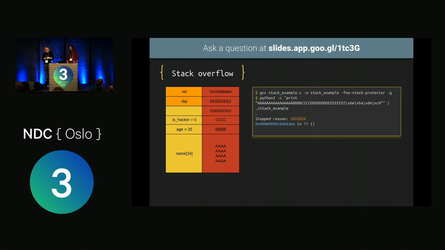So let's take a look at this illustration, in which I've written a sort of exploit. For every variable, I've decided to use A, B, C, D. And I write 16 A's to represent the name, then 4 B's to overwrite the age, 4 C's to overwrite is_hacker, but then we have this really strange thingy in the middle. It's just blank, but we have 8 D's.